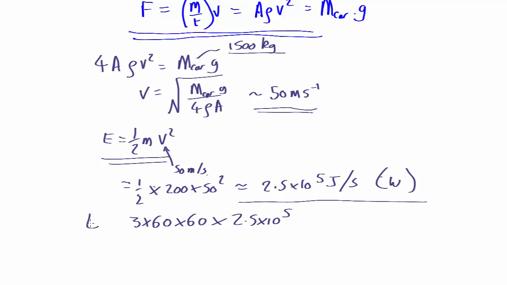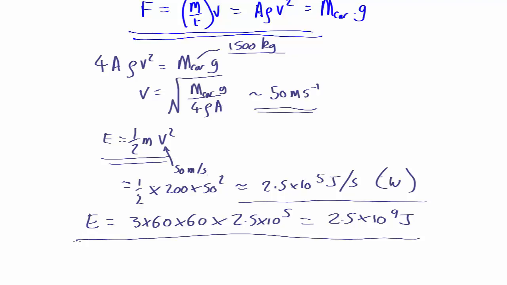And we turn out the total energy is around 2.5 by 10 to the 9 joules. Oh dear. Remember, our car on the ground was taking about 10 to the 8 joules, so this is taking about 10 times more energy to get it to Sydney, just to hold it in the air, than our normal car, which sounds a bit scary.